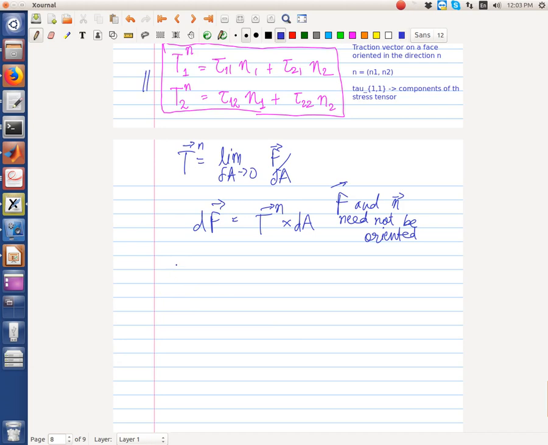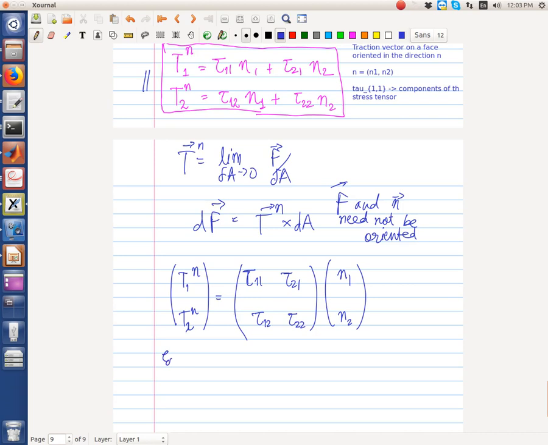If I write down the two components of the traction vector like this, it is equal to some matrix multiplied by n1 n2. So what are these? This will be tau 11, tau 21, tau 12, tau 22. If we multiply this, we can obtain a direct computation of all the components. It's convenient to do this in a computer.